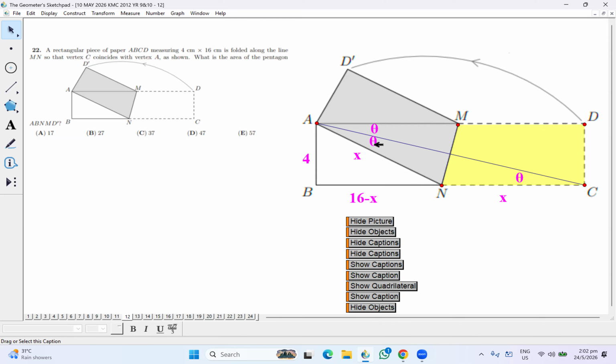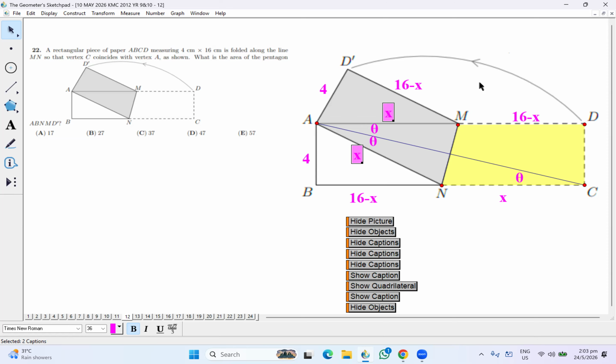Theta here, theta, isosceles, because 90 degrees. So you can label as X. If this side is X, this is X because isosceles triangle. Then the width is also 4 and 90 degrees. So here 16 minus X. Here also 16 minus X.